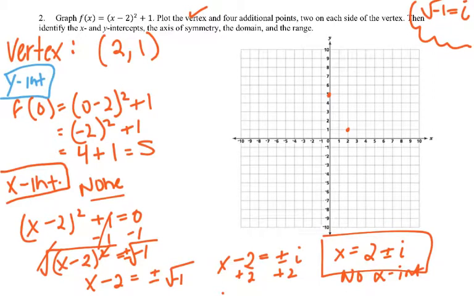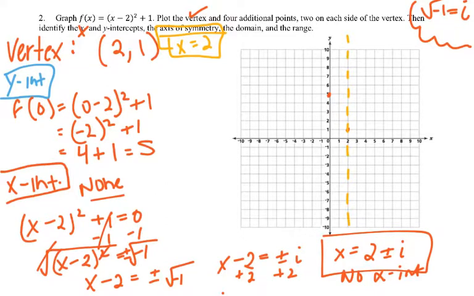So what I have to do then, because there are no x-intercepts for this parabola, we actually need to solve for a few other points. Now, remember though, we can determine our axis of symmetry. Our axis of symmetry is going to be equal to x equals 2. Okay, so I have this axis of symmetry, so I can already plot one of these other points.